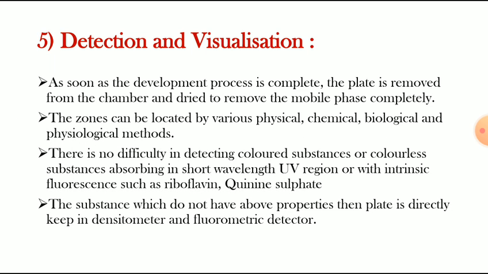For substances which do not have the above properties, the plate is directly kept in a densitometer or fluorimetric detector. See, if the above properties are not present in the sample component, then we can directly keep that plate below the densitometer, or you can say the fluorimetric detector.